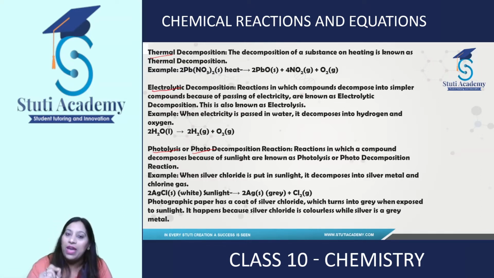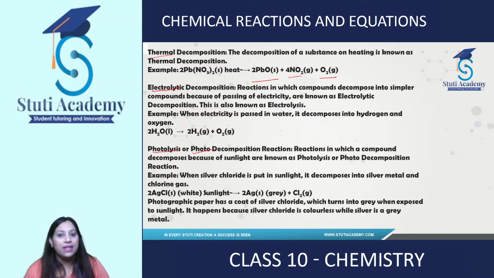It means when the decomposition reaction takes place in the presence of heat, or when we are providing heat to this reaction, it is known as thermal decomposition reaction. An example of such a reaction is when lead nitrate is heated, it breaks into lead oxide, and nitrogen dioxide gas and oxygen gas evolve.